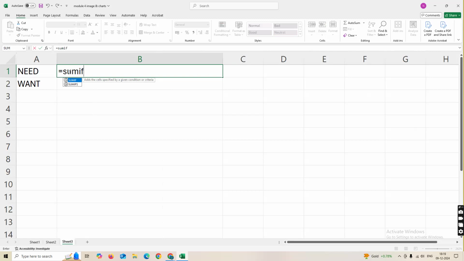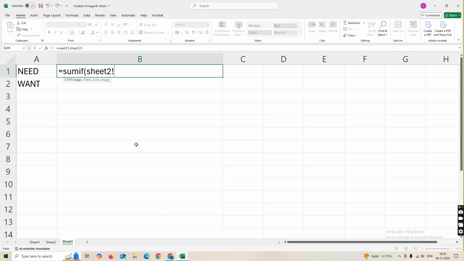Now from where am I getting the data? There is nothing in this sheet. I am referring to sheet 2, so we need to mention the sheet. Sheet 2 will be differentiated by an exclamation mark.